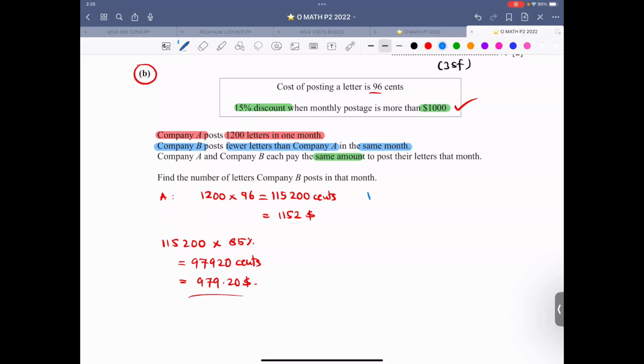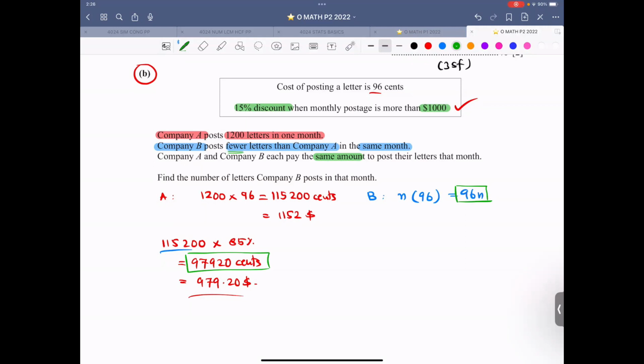But company B is posting a little bit fewer letters. That means it is not eligible for the discount. And what we do is that we multiply the number of letters by 96 cents. That is 96N. And this value with no discount and the value after the discount should be the same.